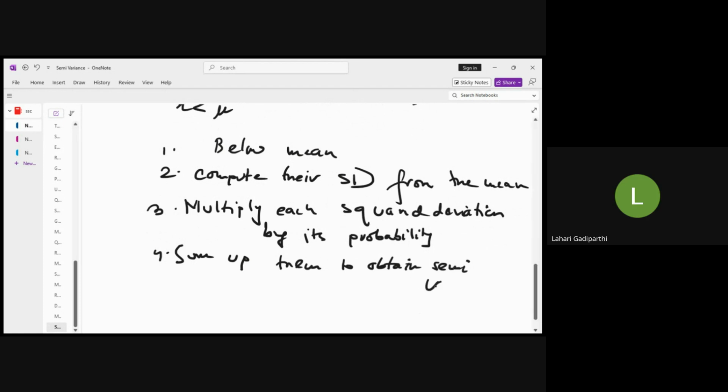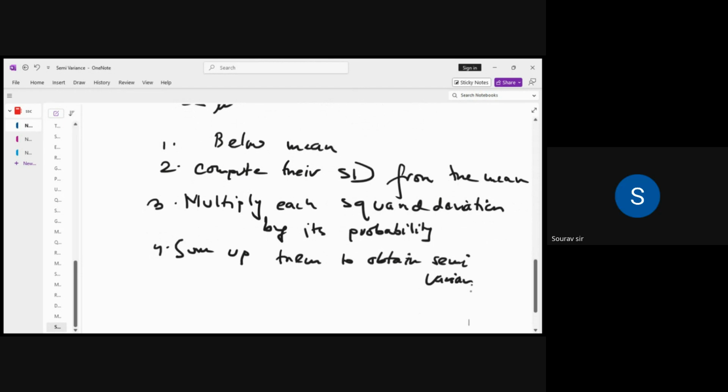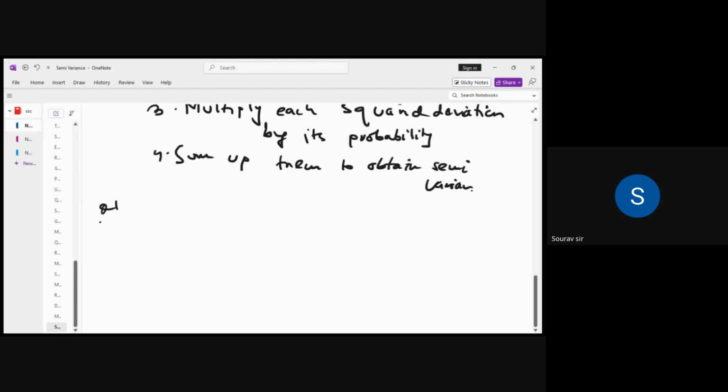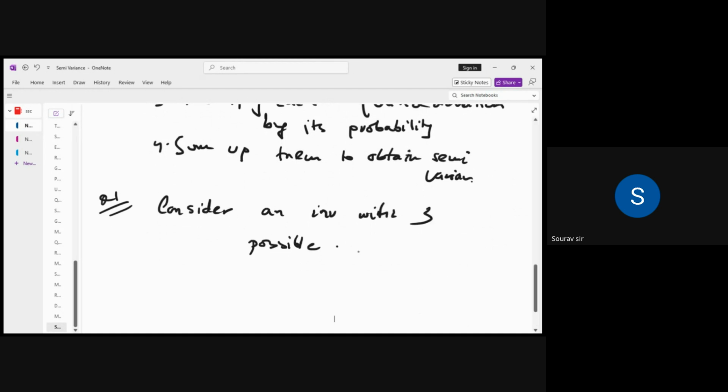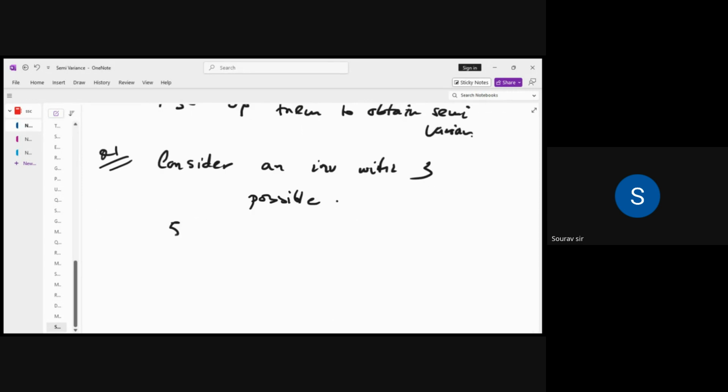So if I do it with a question, because you have sums, suppose consider an investment with 3 possible returns: 5% with probability 0.3, 10% with probability 0.5, and minus 5% with probability 0.2.